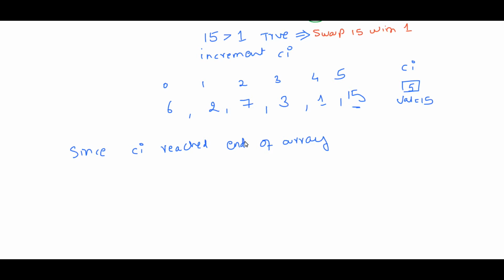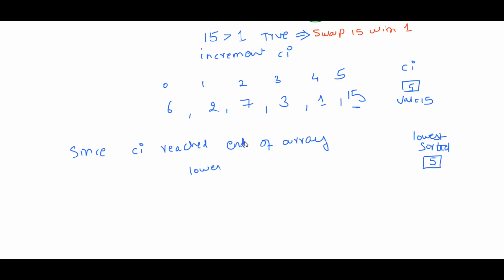So we're going to have another variable going forward, which is called, let's say, sorted part lowest index, or lowest sorted, which is going to be pointing to position 5.